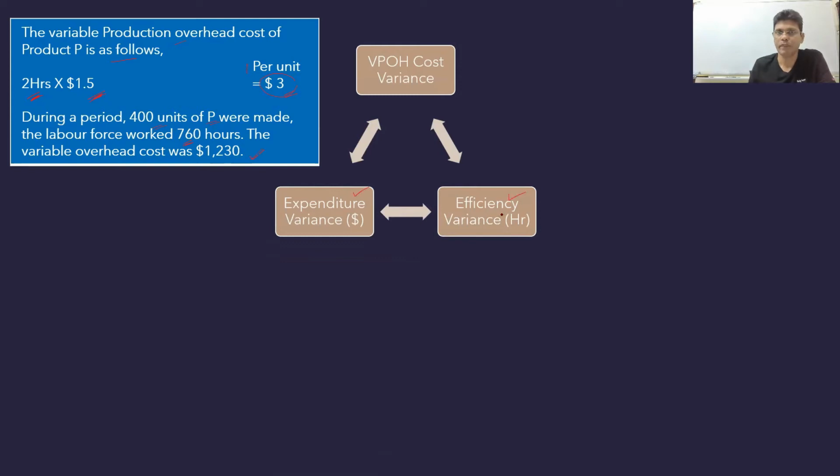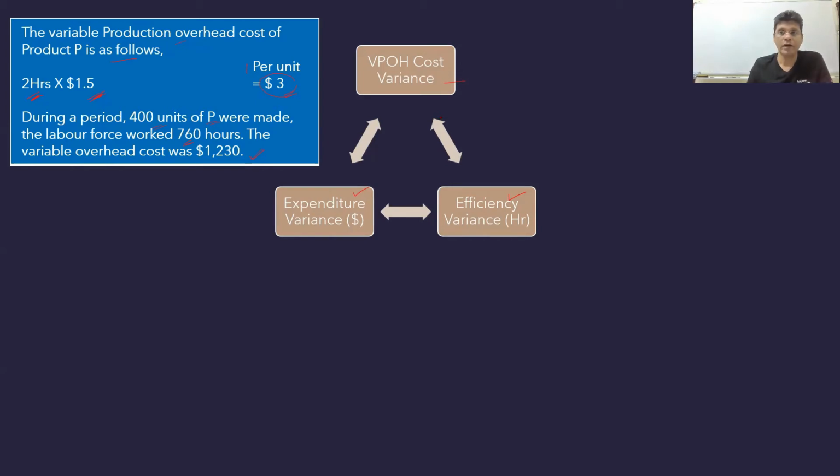So basically, variable production overhead, as I told you, it consists of expenditure variance and efficiency variance. So the variable production overhead total variance, how do you calculate? Basically, like how we calculated direct material total variance and direct labor total variance.